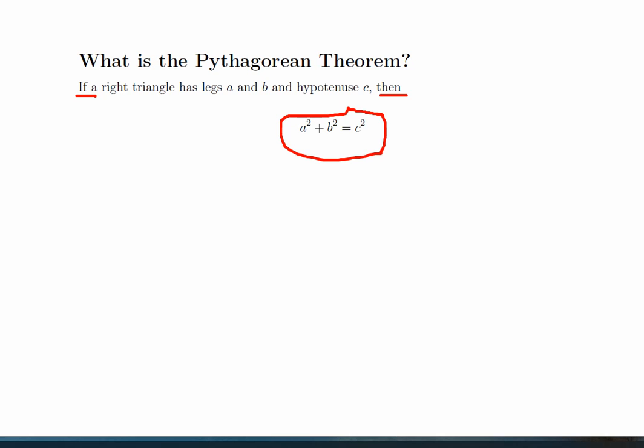So if a right triangle has legs A and B and hypotenuse C, we call the legs the shortest two sides. This is not going to look like a great triangle, but there we go. The way this normally goes is C is the hypotenuse, and then A and B are the legs.